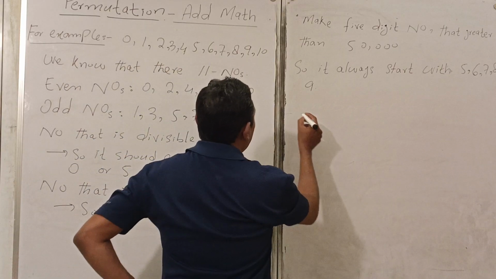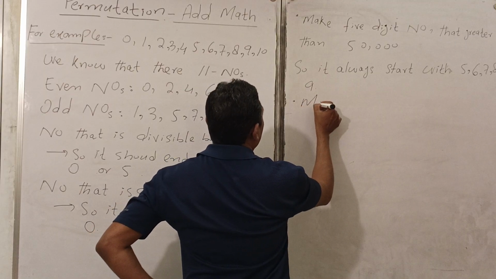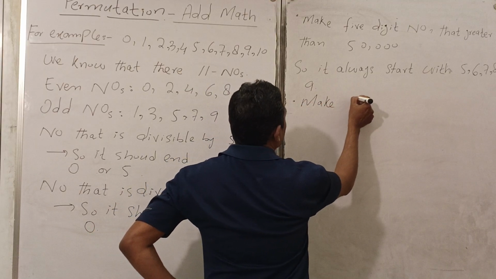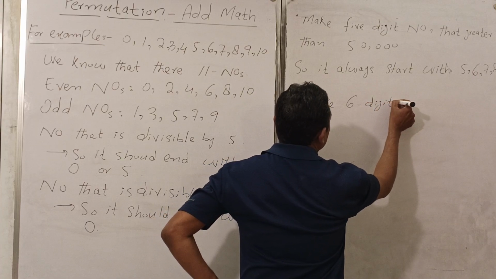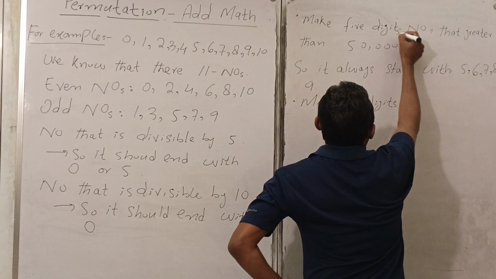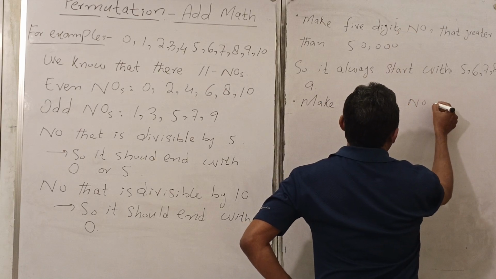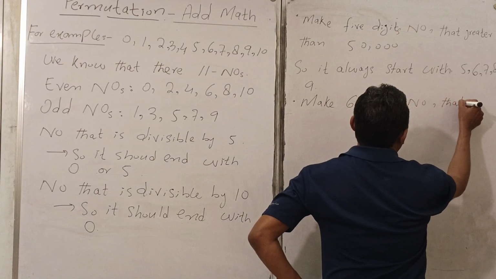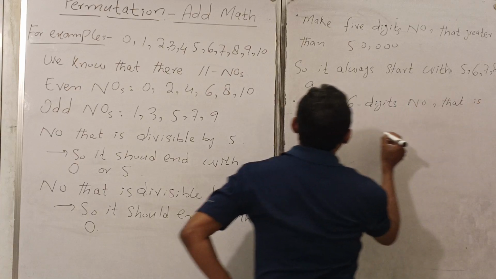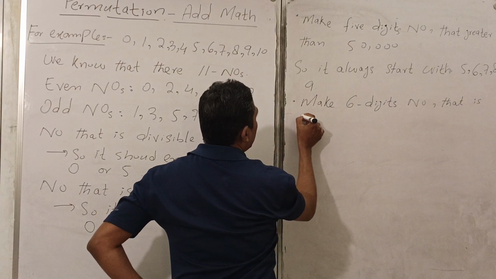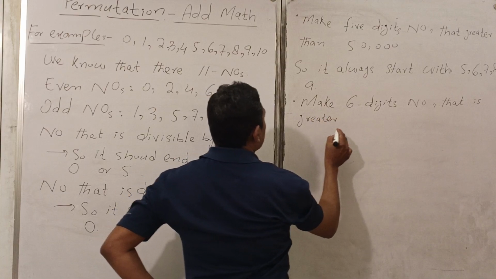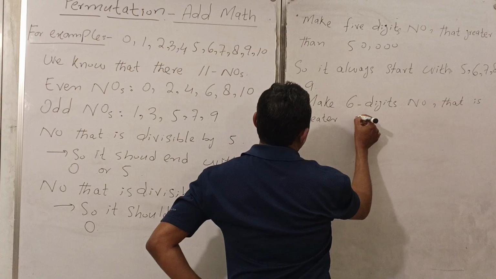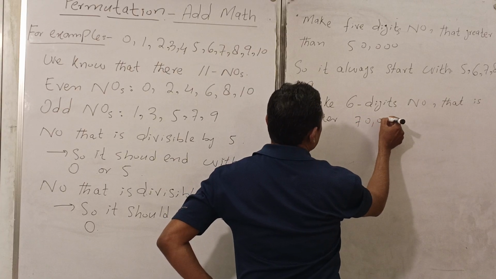So if I ask you to make a 6-digit number that is greater than 7 lakh, am I right?